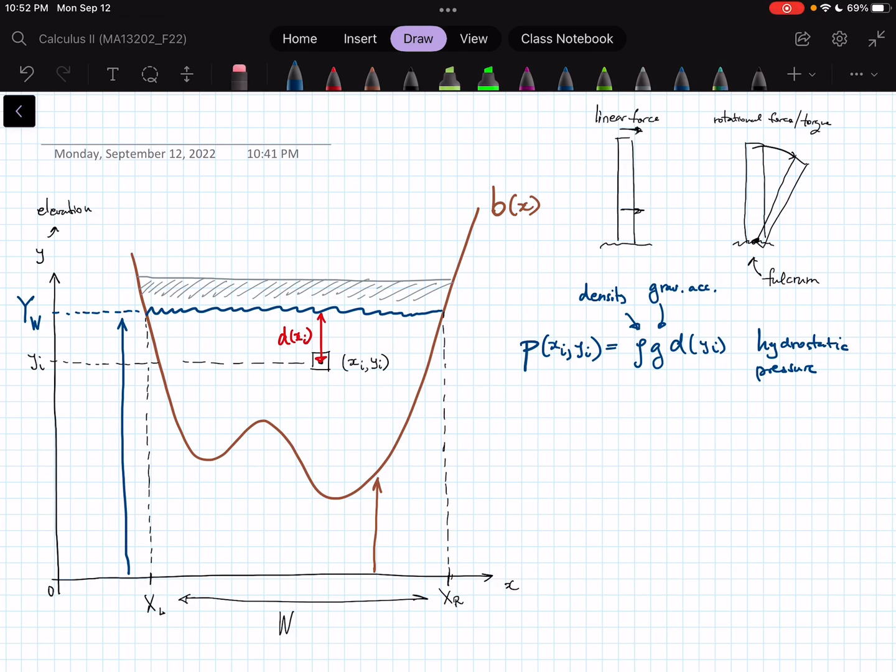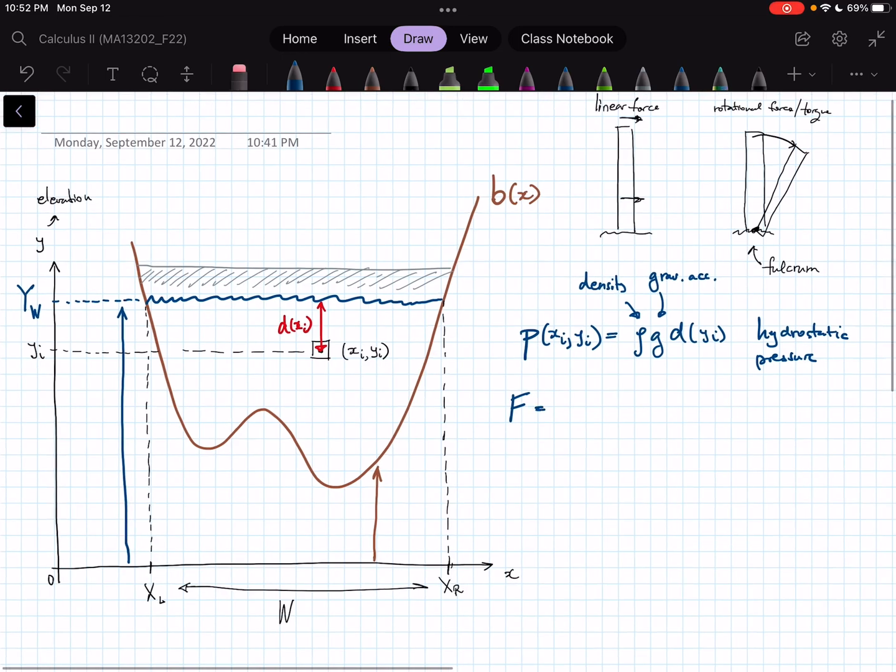So this is, in our case, what we are going to do. What we are going to be calculating here is the force, and we will want to add all of these little test patches together.